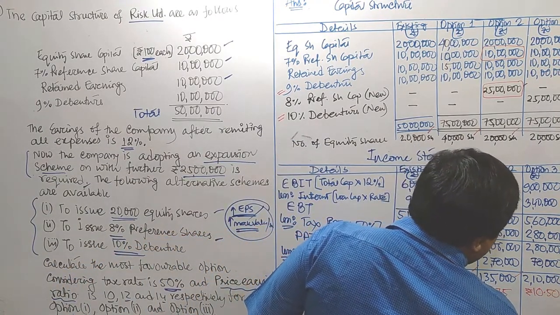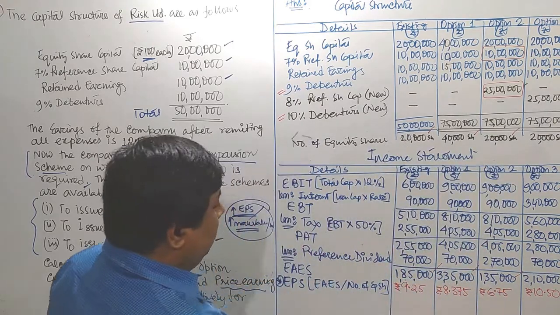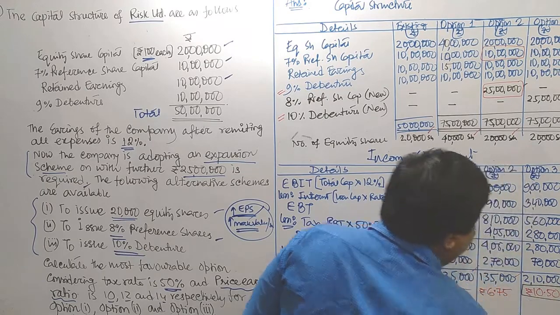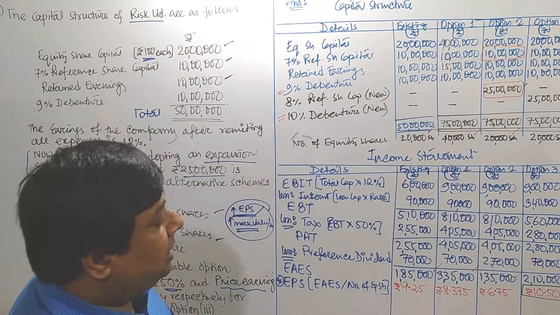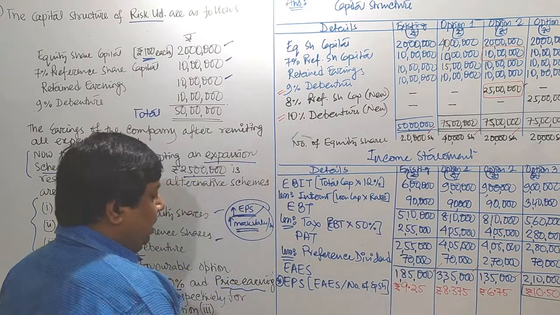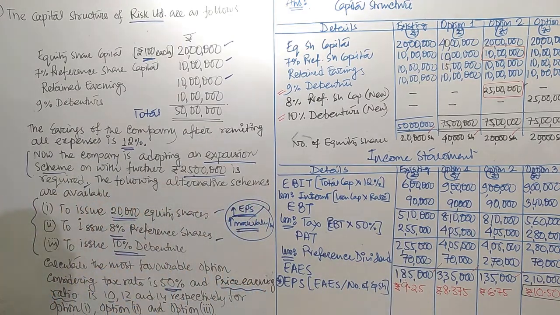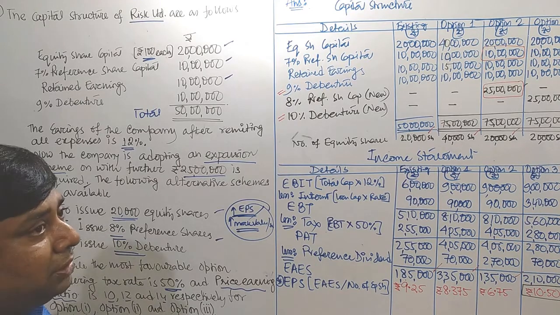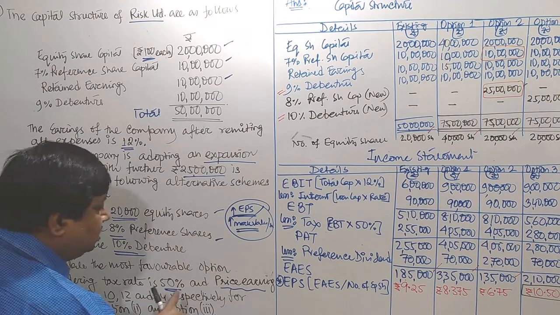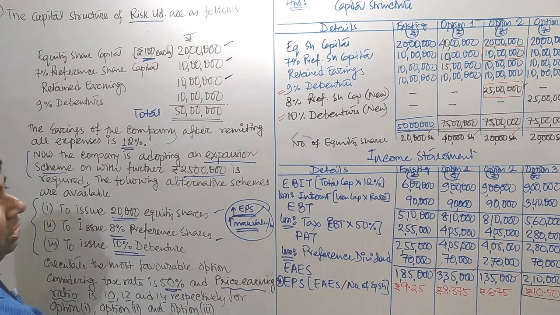In option 3 of debenture financing, our earnings are more, which is 10.50 compared with the alternative options. After EPS you can go further: the price earning ratio is available to us, which is 10, 12 and 14 respectively for these three options.